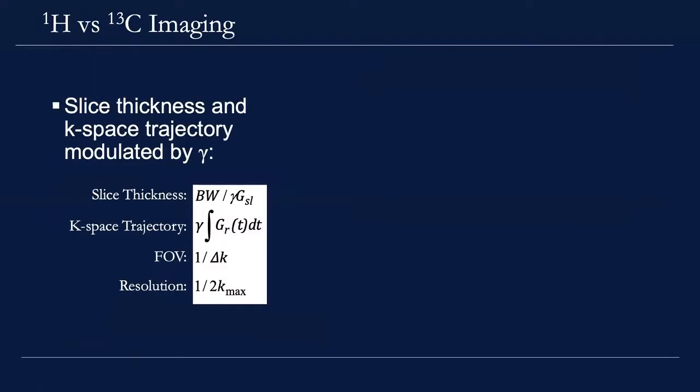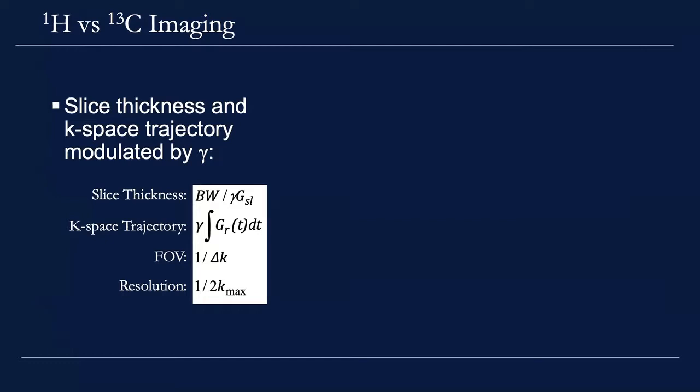Now, on top of the concept of T1 decay, we talked a little bit about this difference in gyromagnetic ratio between proton and carbon. And thinking back to some of the basic equations that we have in MRI, we know that our slice thickness and our K-space trajectory are modulated or impacted by gamma, right?